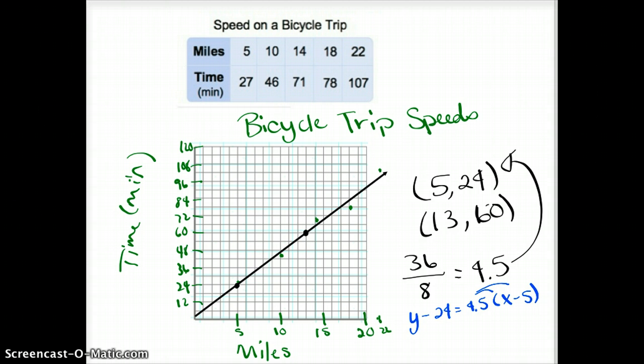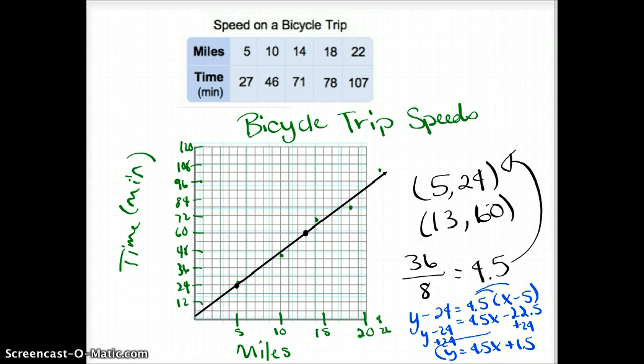So if I distribute 4.5 to x minus 5, that's 4.5x minus 22.5, and that equals y minus 24. And I'm going to add 24 to both sides. And I get that y equals 4.5x plus 1.5.